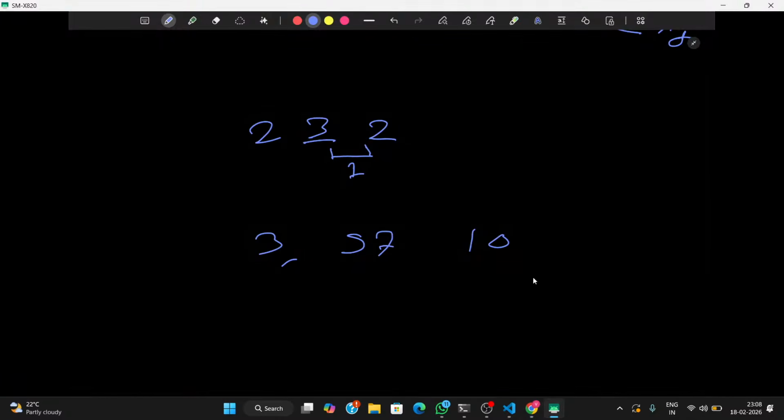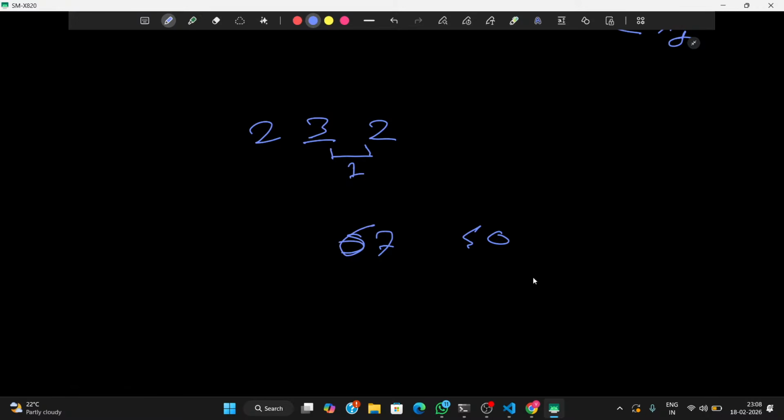In this particular case, if you take this 57 and 10, if you multiply 10 by 2, you will get 20. You can again multiply it by 2 and you will get 40, right? And suppose, sorry, this is not 57. Let's say this is 67.